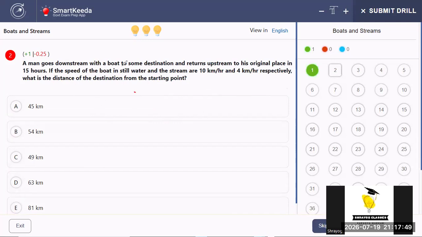The man goes downstream with a boat to some destination and returns upstream to his original place in 15 hours. If the speed of the boat in still water to that of the stream is given, the distance by 4, so US will be what? 6 and DS will be 14.